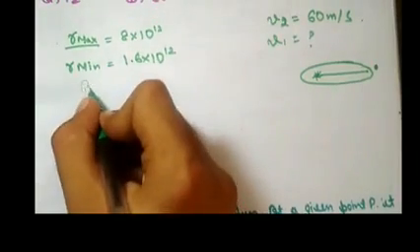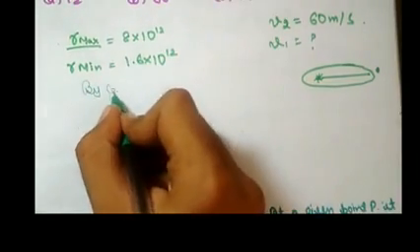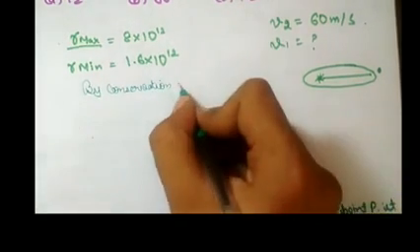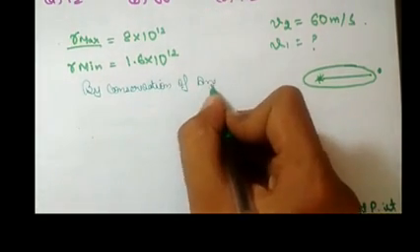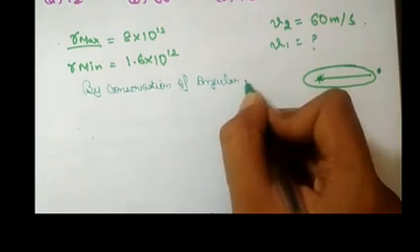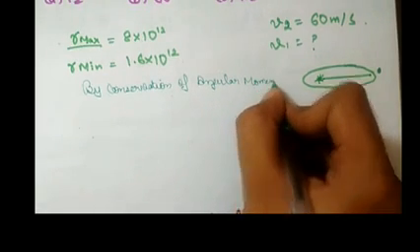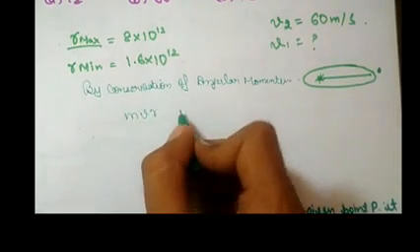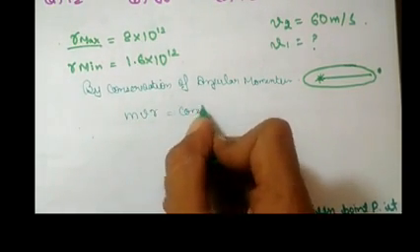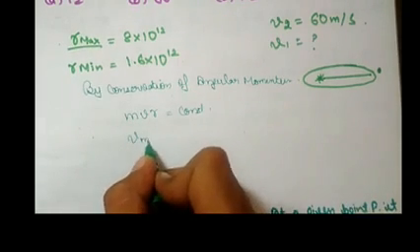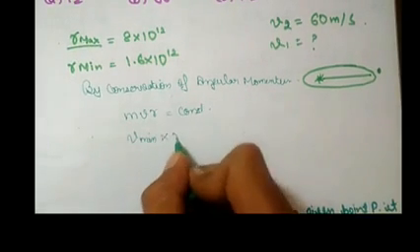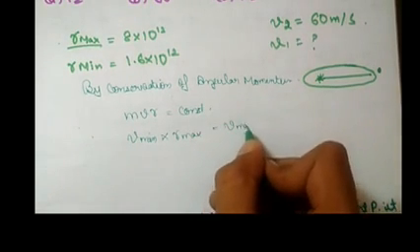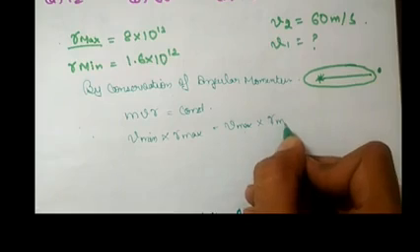So by conservation of angular momentum, we know that mvr is equal to constant, or we can say v minimum into r maximum is equal to v maximum into r minimum.